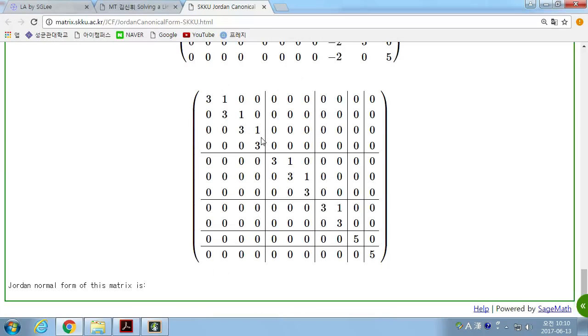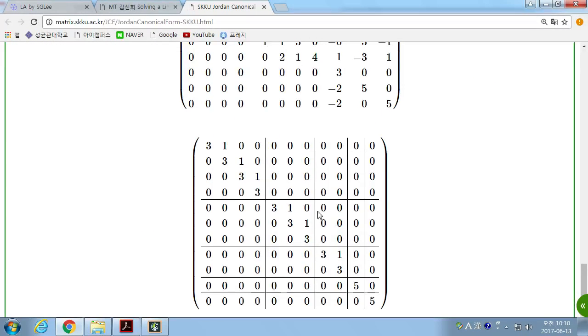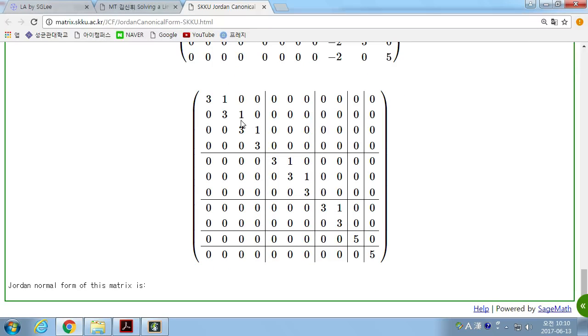If we have the Jordan canonical form like this, then we can find the corresponding generalized eigenvectors. We have how many? 1, 2, 3, 4, 5, 6, 7, 8, 9. Nine eigenvalues of 3. The algebraic multiplicity of eigenvalue 3 is 9, but it only has 3 linearly independent eigenvectors.